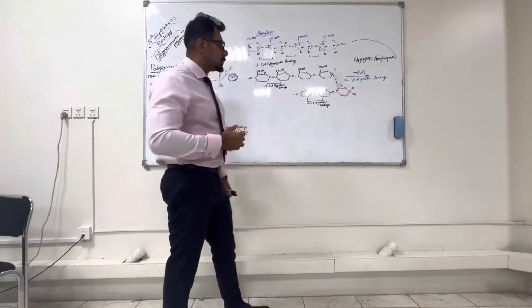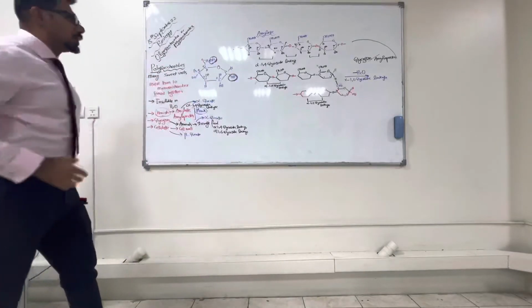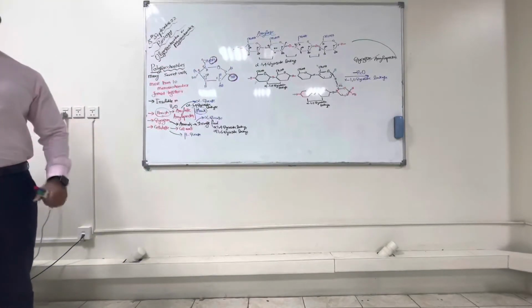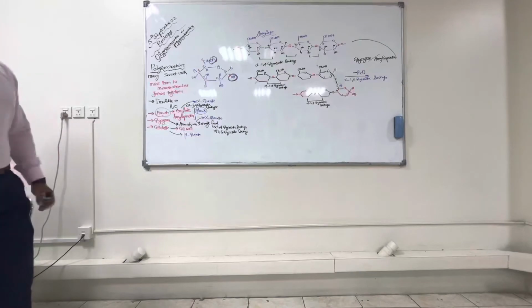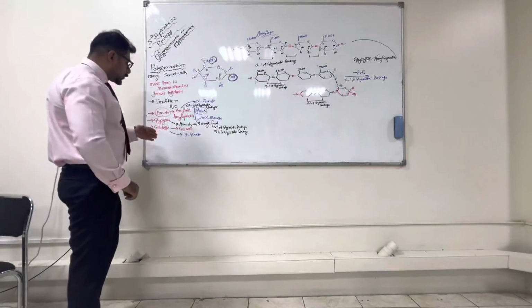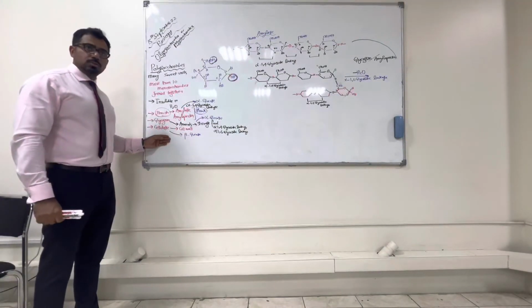Understand everyone? So this is the amylopectin. Understood everyone? Okay. Next, we are going to talk about cellulose.